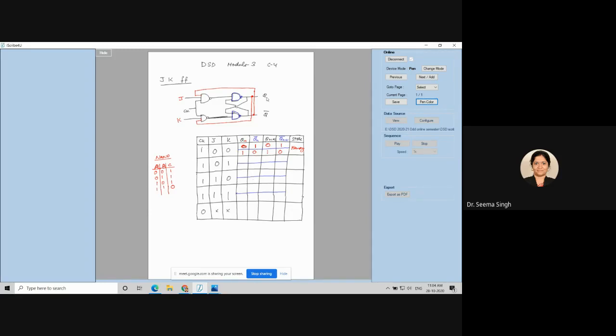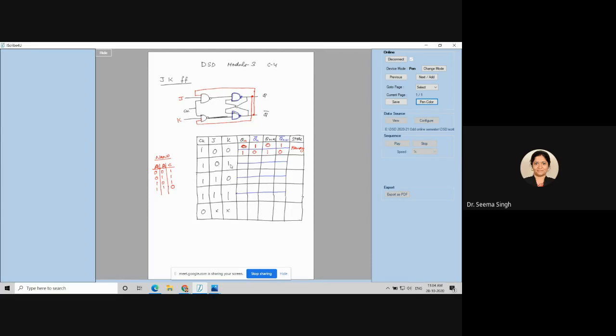So this circuit behaves as SR flip-flop for the first, second and third case. Only the indeterminate case changes here. If you remember, your J replaces S and K replaces R.